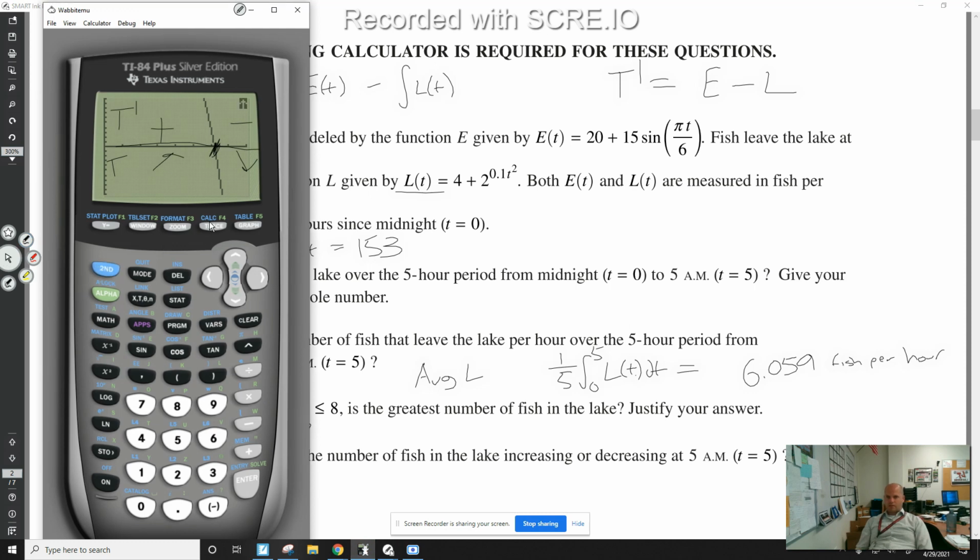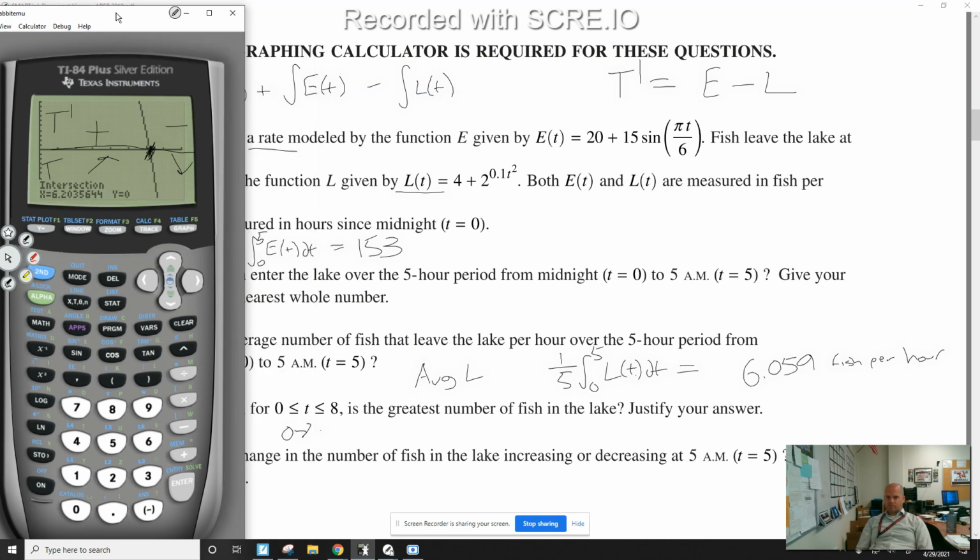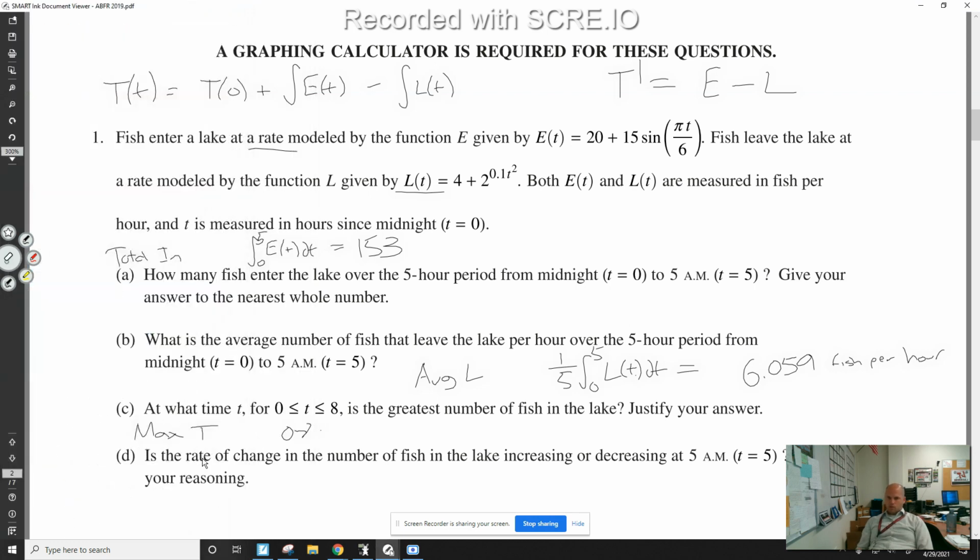Second calc intersect, because I graph y equals 0. Since 6.203, since t prime, which is E minus L, is positive from 0 to 6.203, okay?